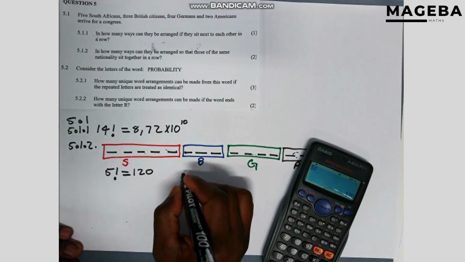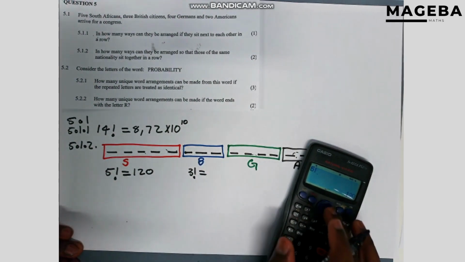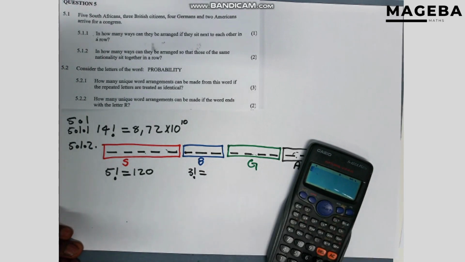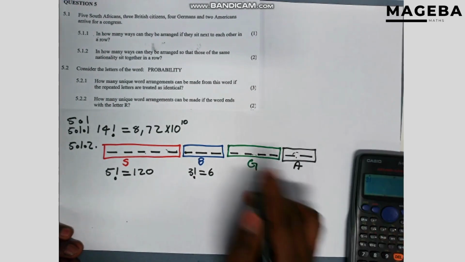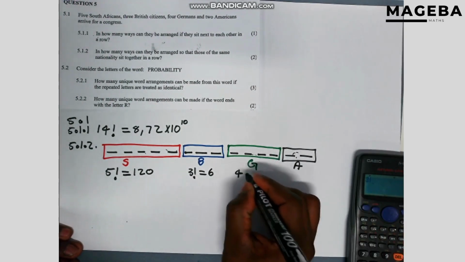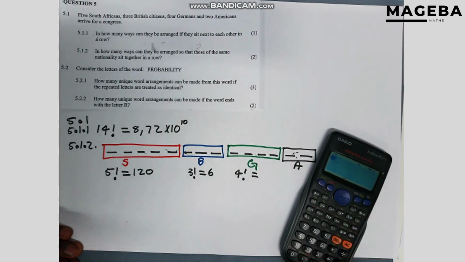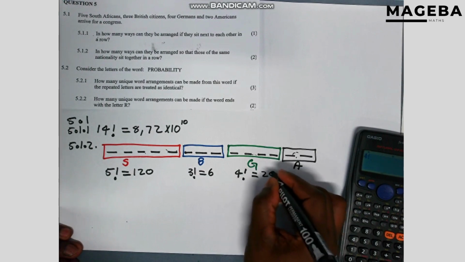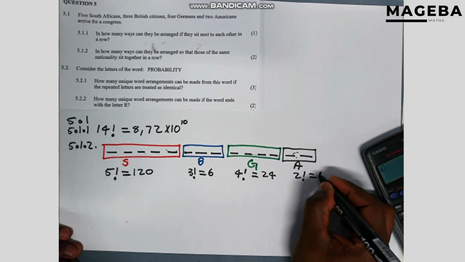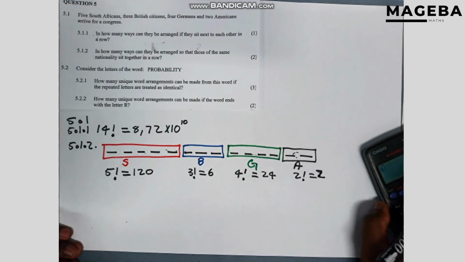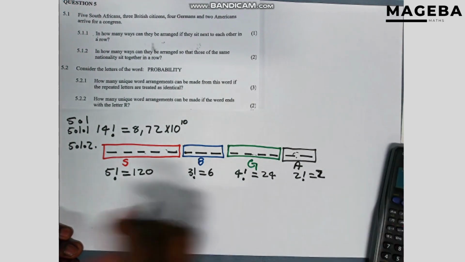British are 3, so 3 factorial, which is 6. Germans are 4, so 4 factorial, which is 24. Americans, 2 factorial, which is 2.